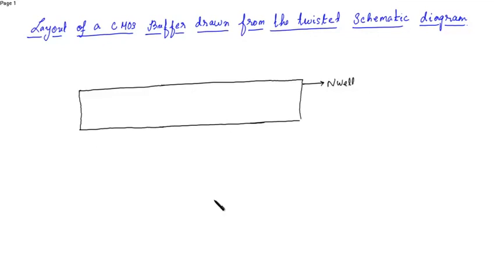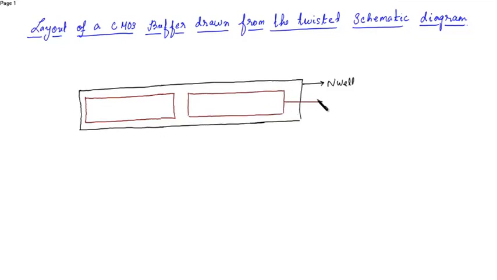Then the P diffusion layer. Since there are 2 PMOS, we'll have 2 P diffusion layers. This is the first P diffusion layer. This is the second P diffusion layer. P diffusion, or you can write P diff.